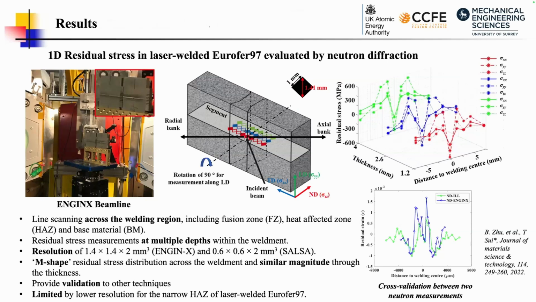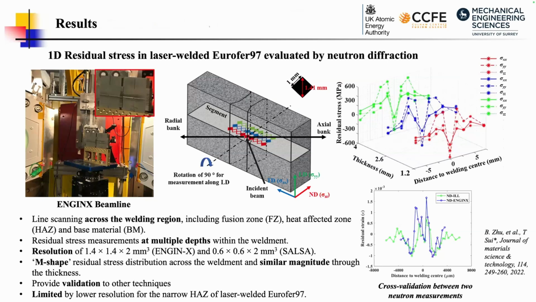And we also did the same characterization at the same place at the SELSA, but the resolution for the SELSA is almost 2 times higher than the NJX, and we correlate the results from the 2 beam lines, and we can see they are in good consistency with each other, even though the resolution is different.